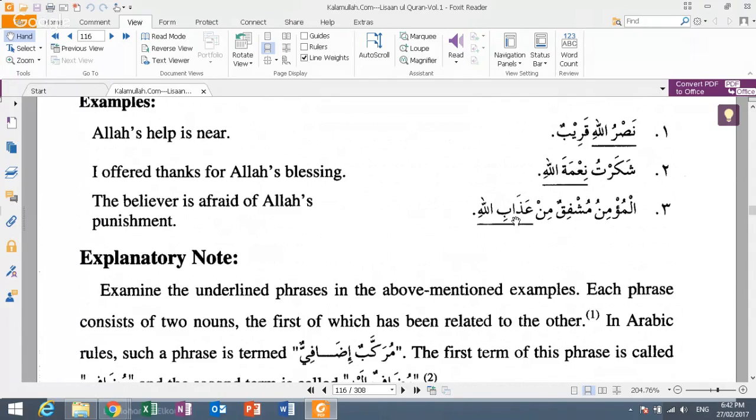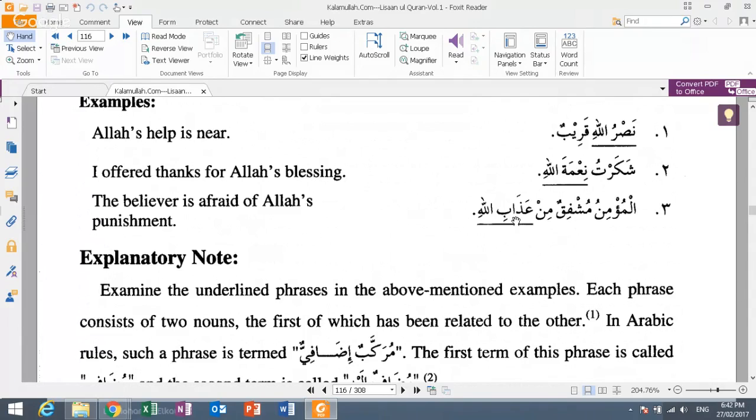Clear? And then I explained to you last week that the mudaf cannot carry alif lam. If you put alif lam on the mudaf, that's it, it can't go. Basically, you hold it. You are not allowing it to go to the next word. This is a rope. Al. Finish. Can't go to the next.